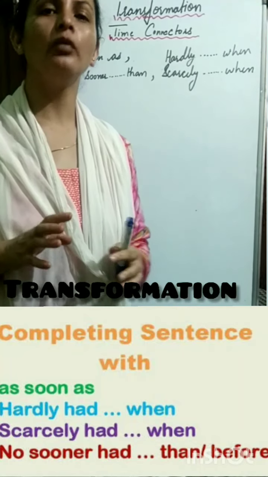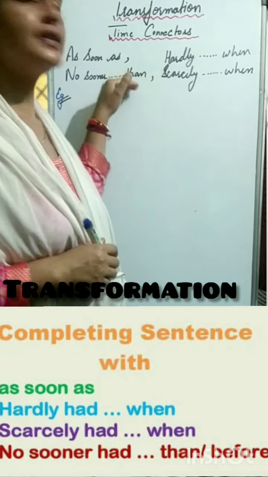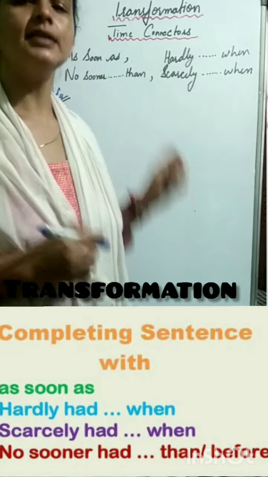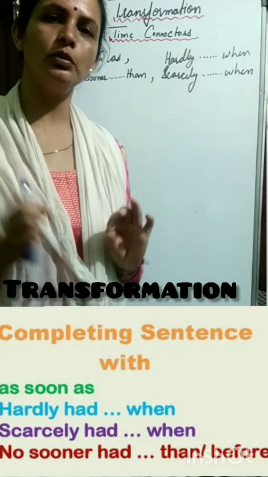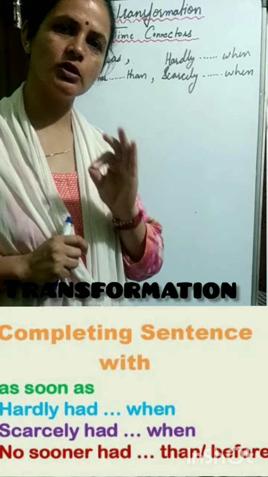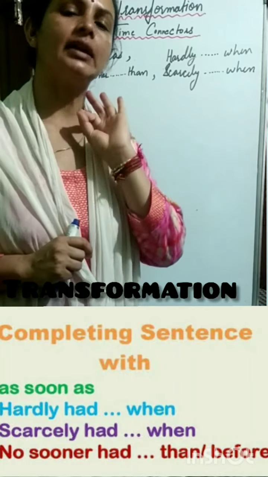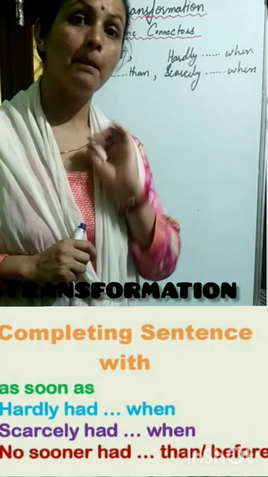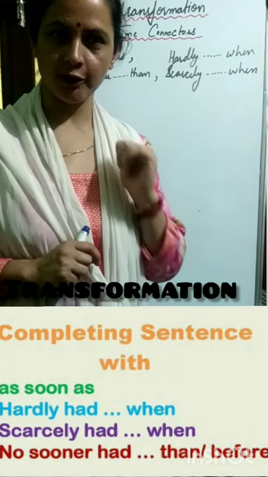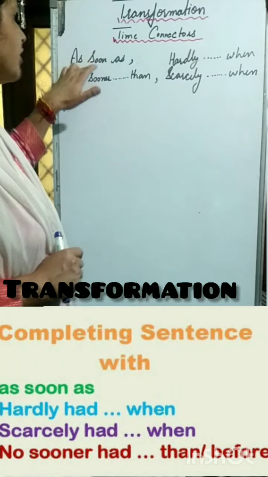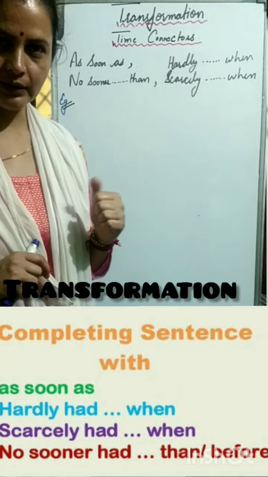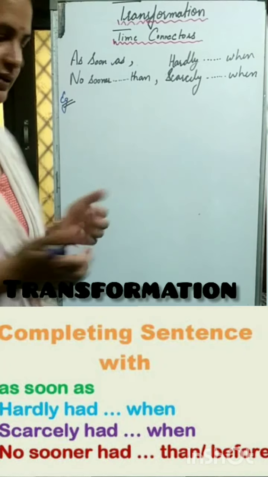Yes children, now we are going to discuss these time connectors. These time connectors are used when two actions happen at the same time but one after another. Now I'm going to use the first connector, as soon as, to form a sentence.